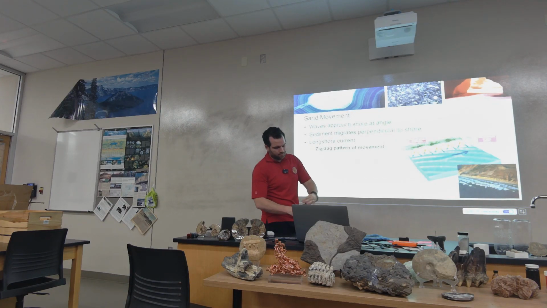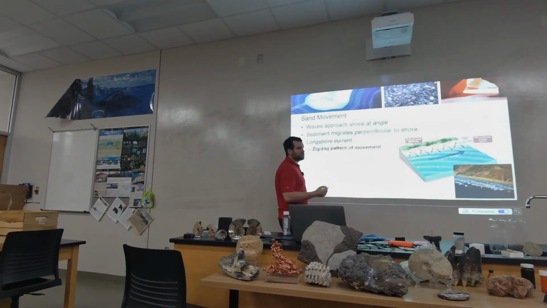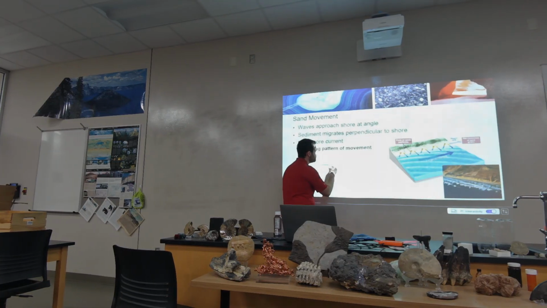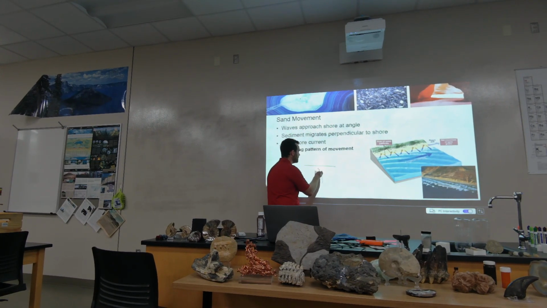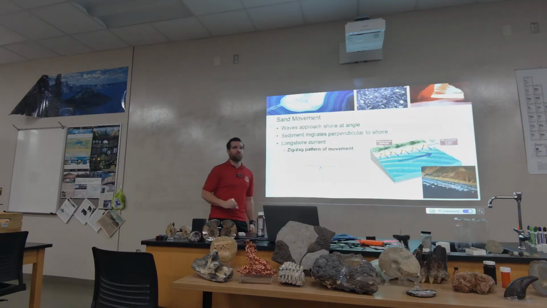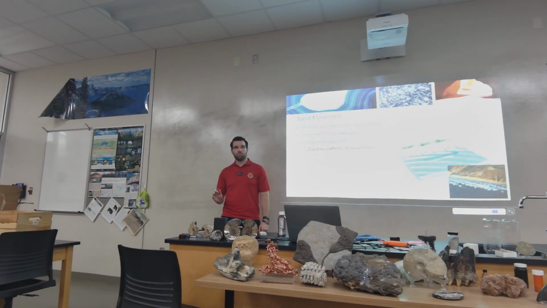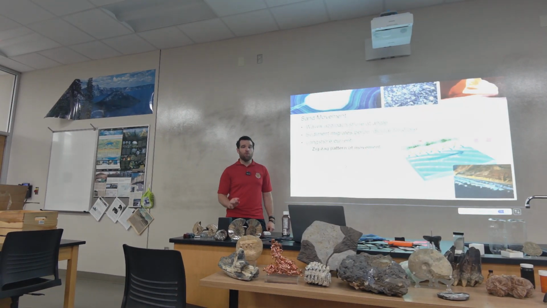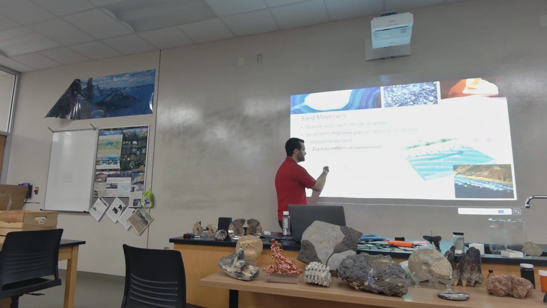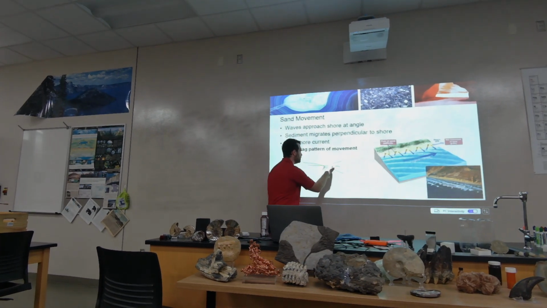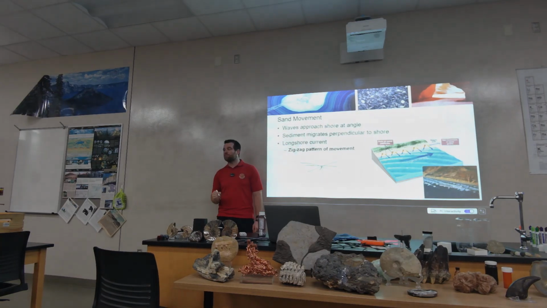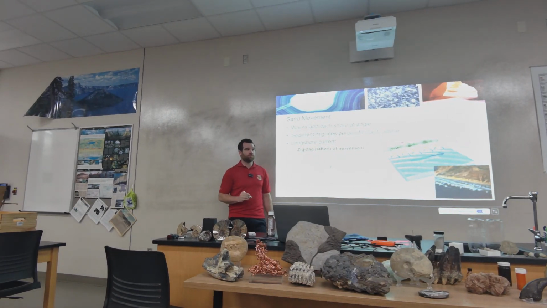What do I mean by that? The statistical likelihood that any shoreline is going to be at exactly 90 degrees to the direction of wave impact is very small. Far, far more shorelines are at some angle to the direction of the approaching wave activity.